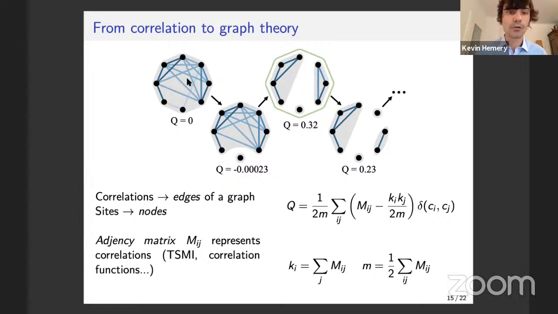So we start from our initial graph, and then we remove the weakest bonds or the weakest links between the sites, okay, and we do this recursively until we have split our graph in several parts, right?